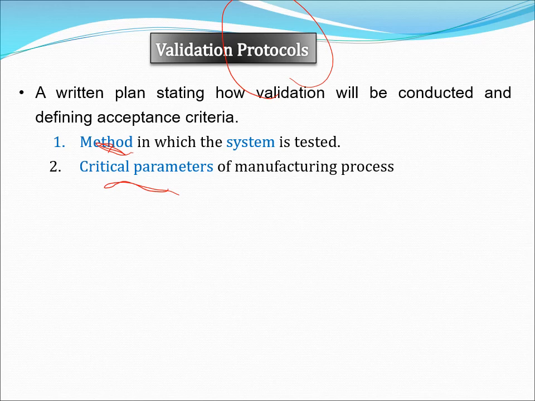You will measure the force of compression, the rate of movement of the lower punch, the extent of movement of the lower punch, and, for example, the feeding rate of the hopper and feeding shoe. All these parameters are called critical parameters.